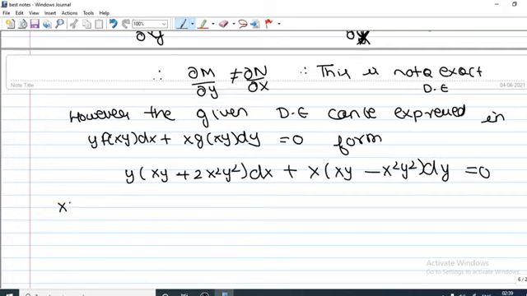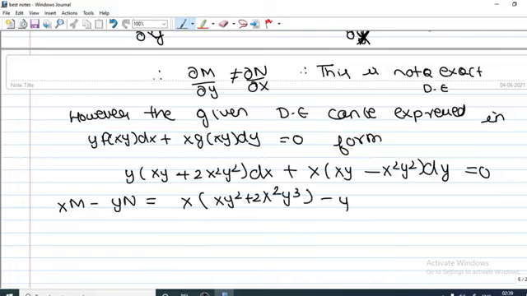Now our next job is to get the integrating factor. For that we need to prove xM minus yN should not be equal to 0. For that we need to first multiply by y cube and y square.